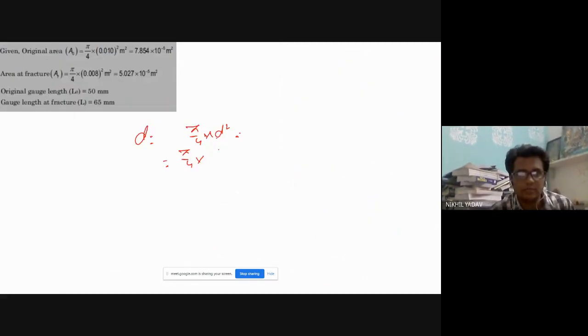So pi by 4 into, it was in 10 mm, so they have changed mm to meter. For that, 10 upon 1000, so it will be 0.010, right?